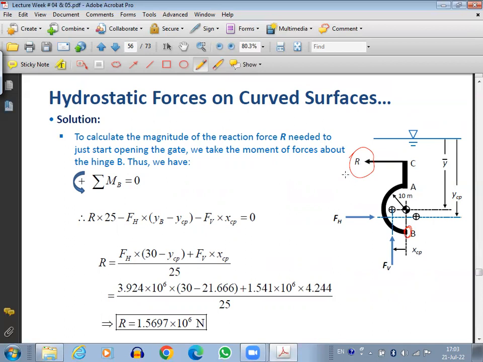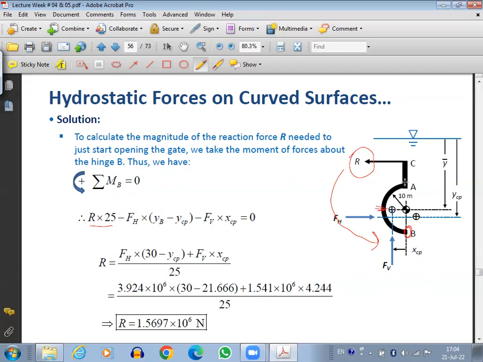R is multiplied by this distance, which is the moment arm. This was 5 and this is 20. Why? Because 10 is the radius. So that's R into 25 plus the horizontal force. The horizontal force is here.